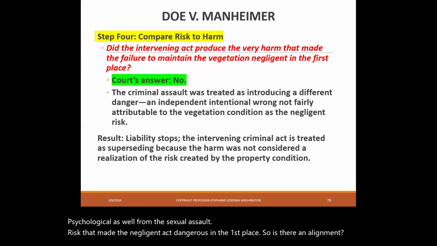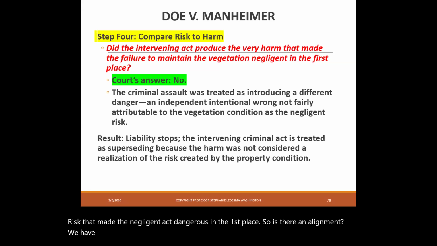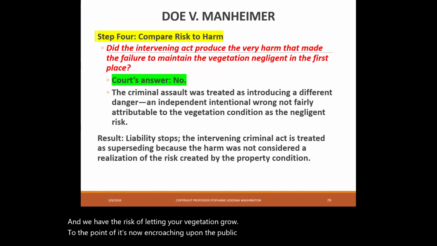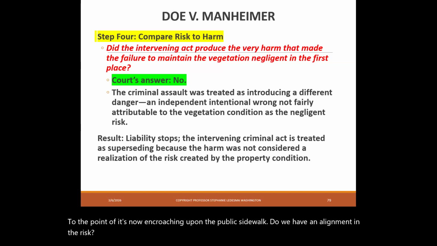We have a severe sexual assault, and we have the risk of letting your vegetation grow to the point of encroaching upon the public sidewalk. Do we have an alignment in the risk and the harm? The court said no.